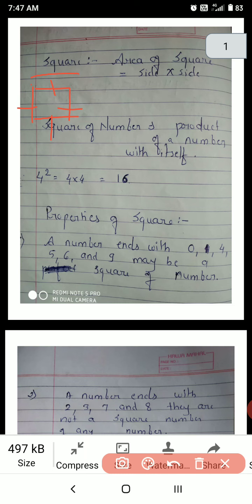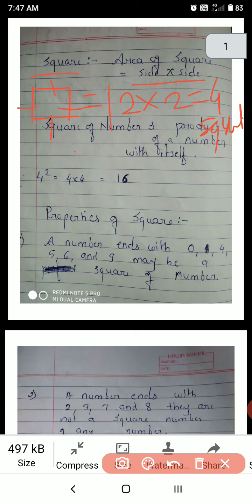When we want to find the area of this square, we will use the formula side into side. Suppose the side of this square is 2 units. So we want to find the area. We multiply 2 into 2 and we will get 4 square units, right?